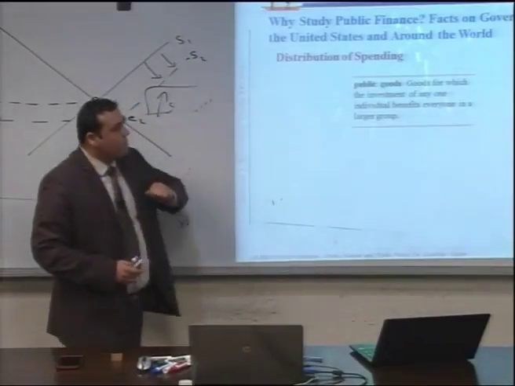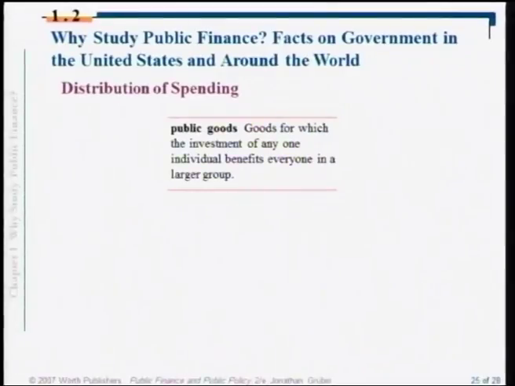Now, let's go to the distribution of spending, something related to public goods. We have a full chapter related to public goods, but you have to understand something important just to know the idea or the concept of public goods.